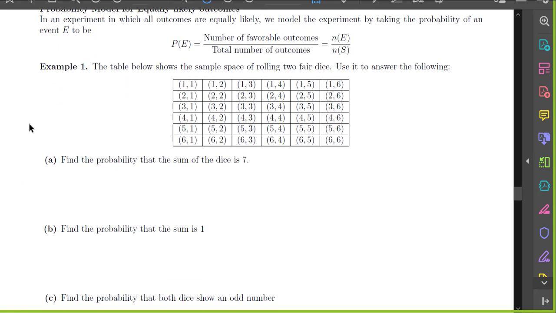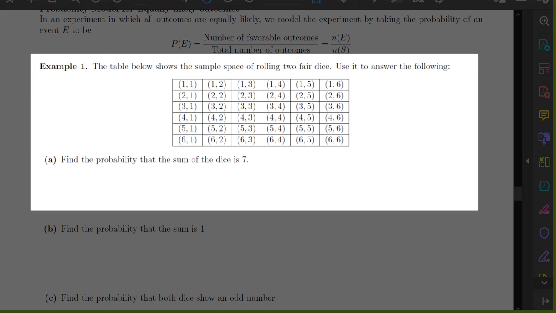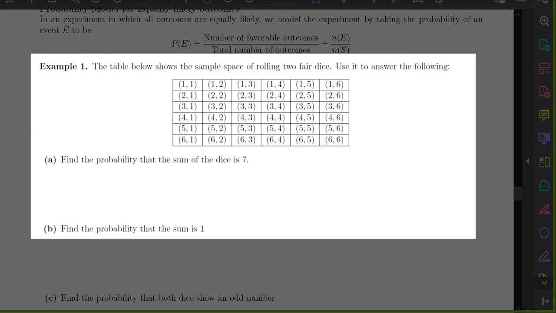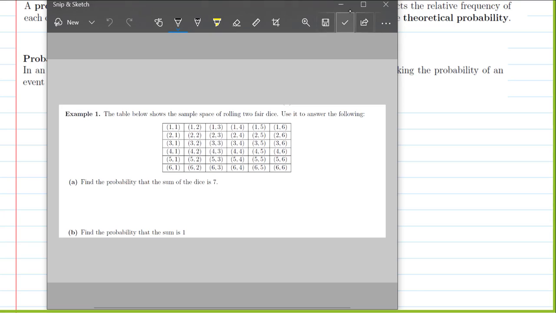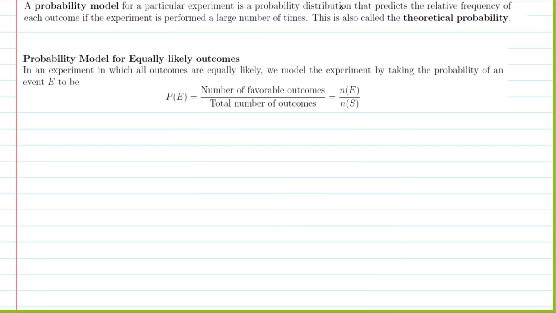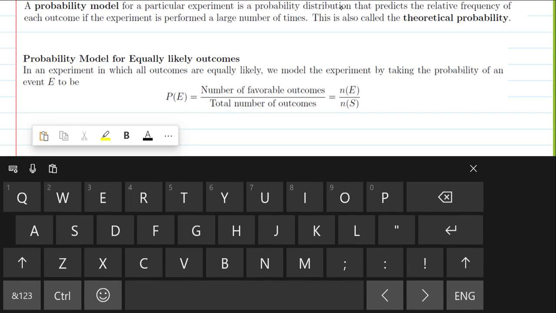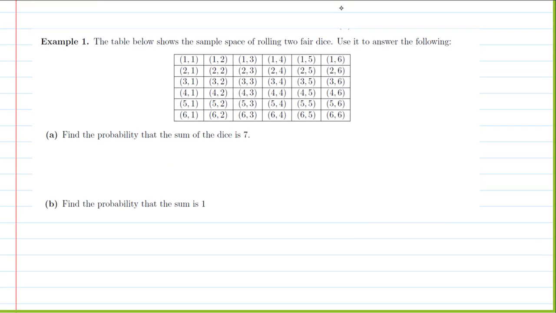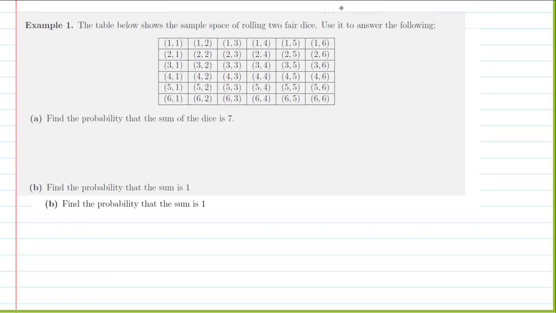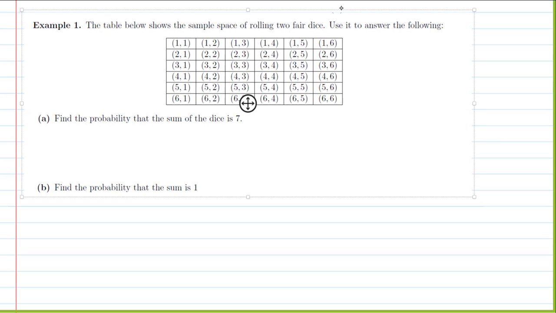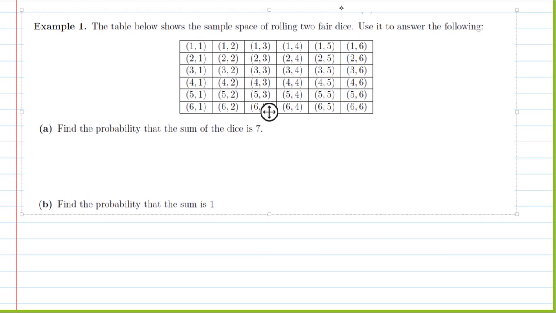All right, so let's take a look at a couple of examples. So we were using this idea last time. In fact, we talked about the table just a second ago that you guys did when we simulated 10,000 dice rolls.